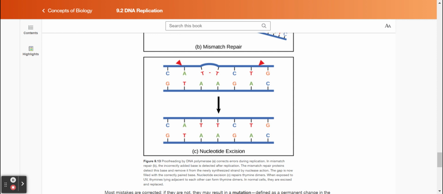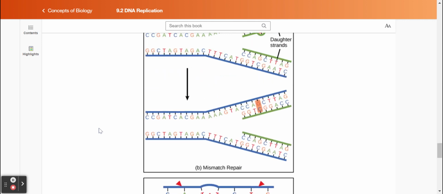Nucleotide excision repairs thymine dimers. When exposed to UV, thymines lying adjacent to each other can form thymine dimers. In normal cells, they are excised and replaced.